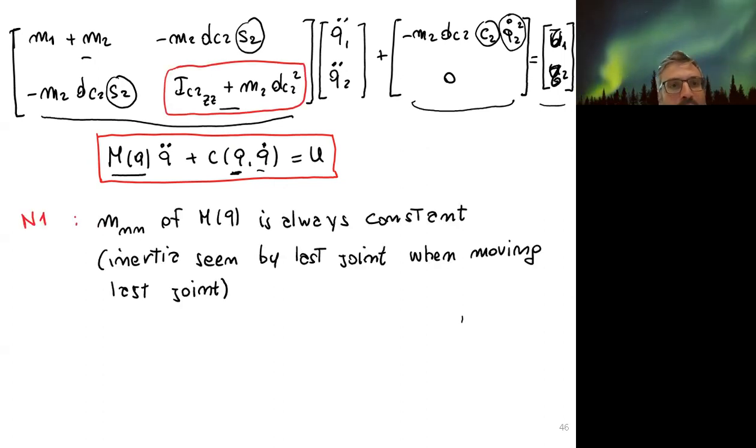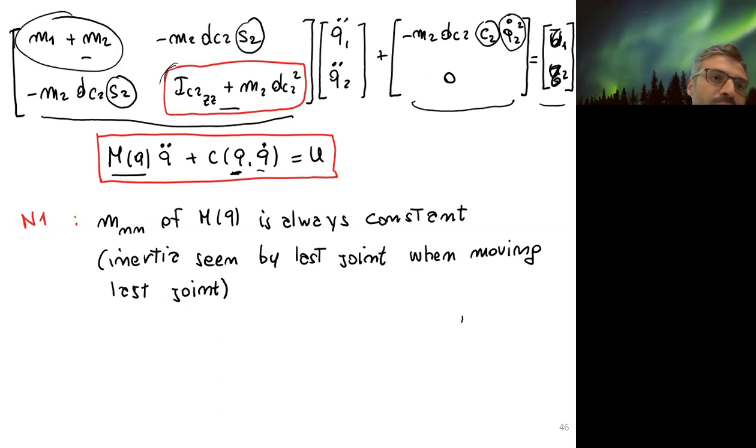Then we can do some observations here. As we said, this term is constant, the lower bottom right term. And accidentally, in this example, also this term is constant, but generally it is not.